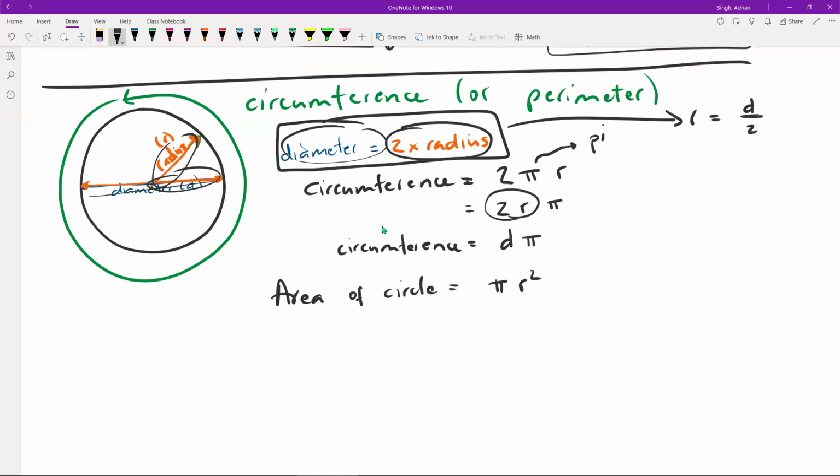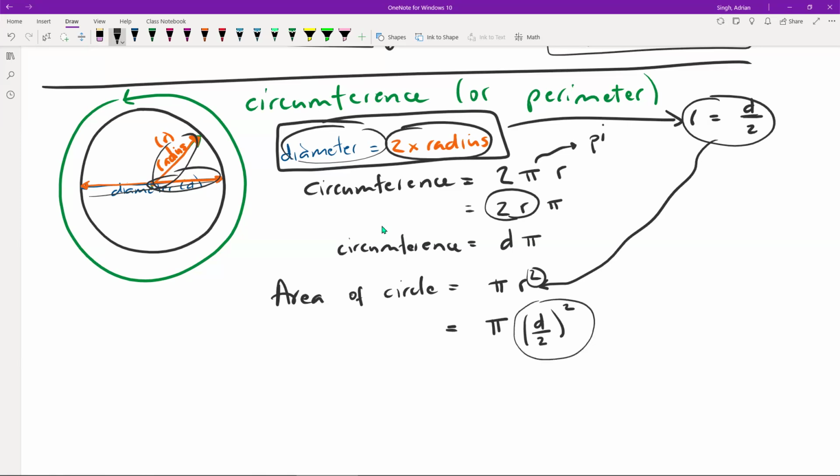So I can take this relationship, radius equals diameter over 2, and stick it in here, and say the area of the circle is equal to pi times, now r is the diameter over 2, and now we need to square it. So we end up with pi times d over 2 squared.